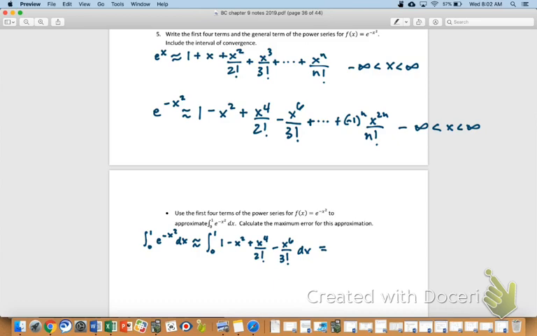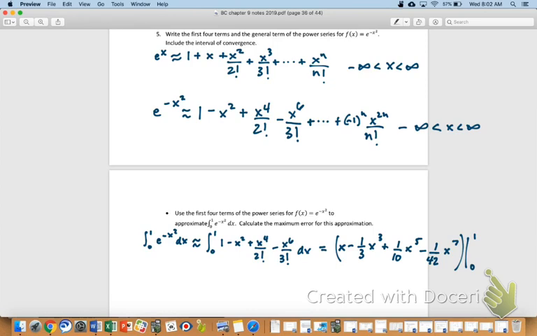The antiderivative would be x minus 1/3 x cubed plus 1/10 x to the 5th, if you multiply out there, and then minus 1/42 x to the 7th, I think, evaluated from 0 to 1. Still making sense?